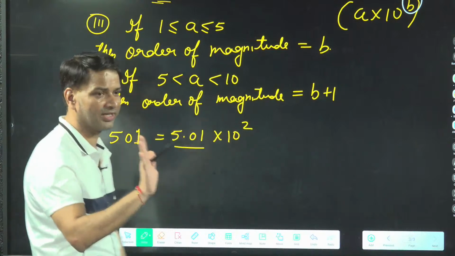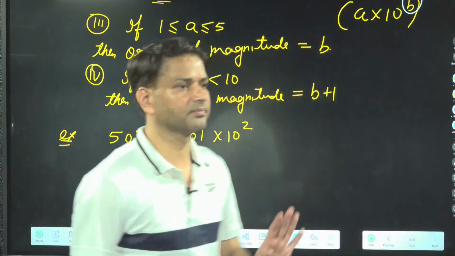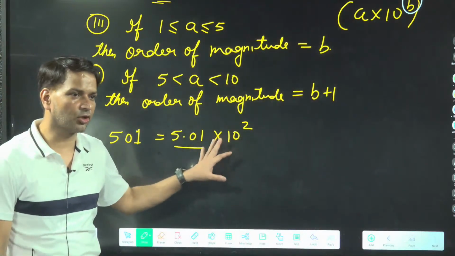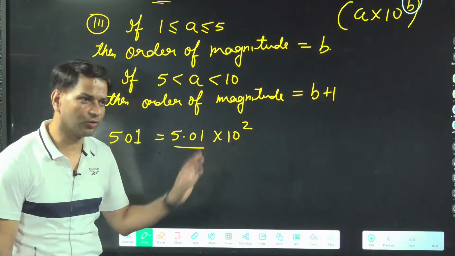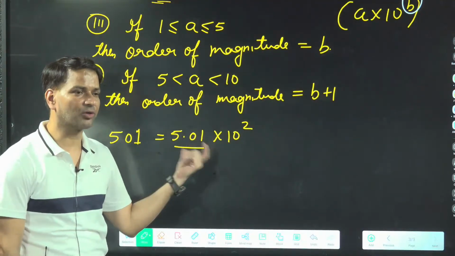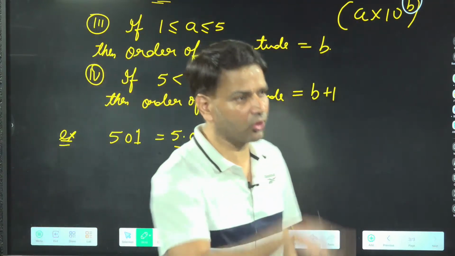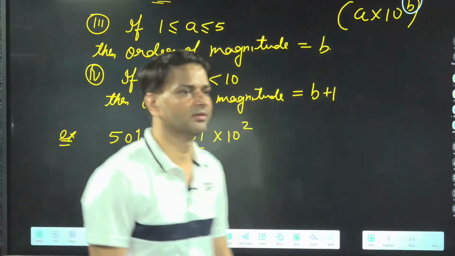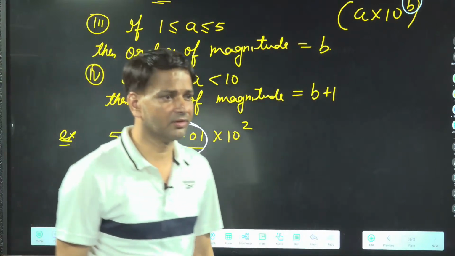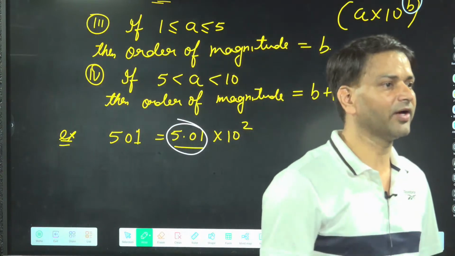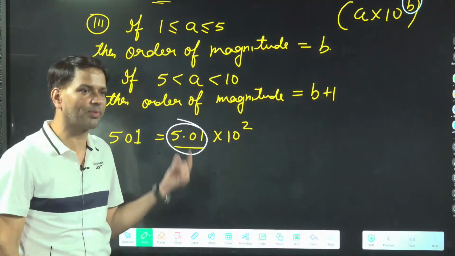This number has to be less than 10 and more than 1. I can write this, yes or no? It is right, because it satisfies the condition of A. Now the A value is 5.01. Is it more than 5 or less than 5? It is more than 5. Although it is only more by 0.01, it is still more than 5.